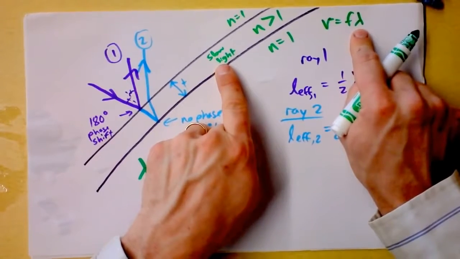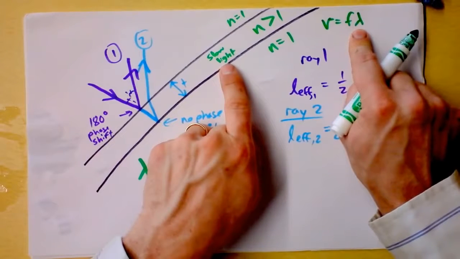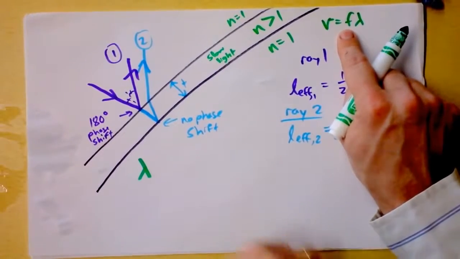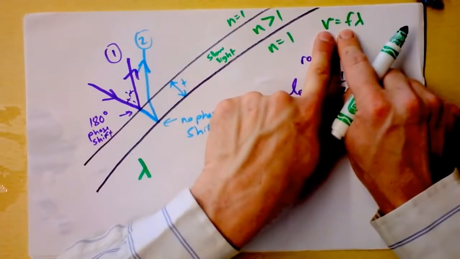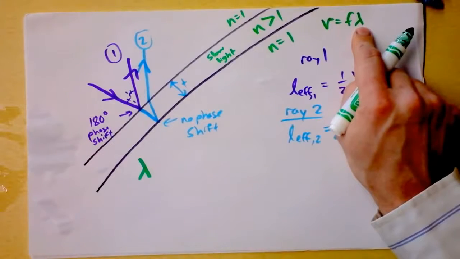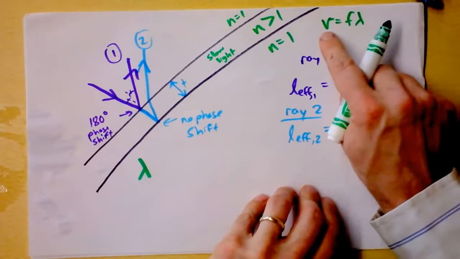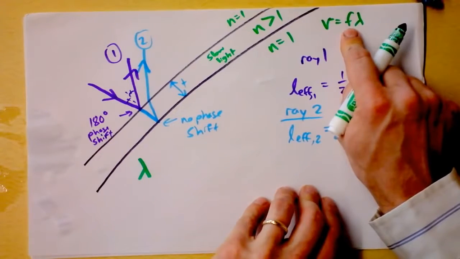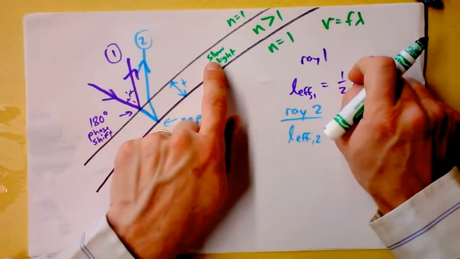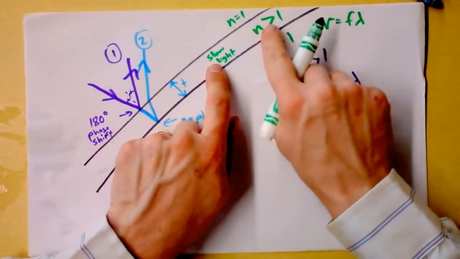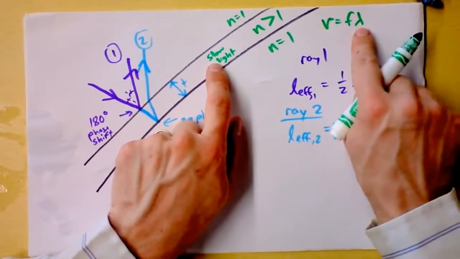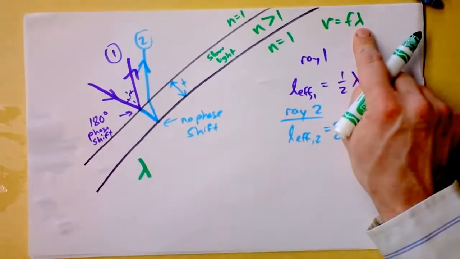That's a very important question, and you need to understand what waves mean in order to do this. A wave's frequency is determined by the source, and the speed is determined by the medium. So the wavelength is what responds to changes in speed or changes in frequency. If you're in a slower medium where n is greater than 1, then you have to have a longer wavelength?